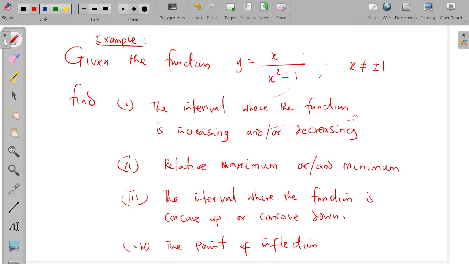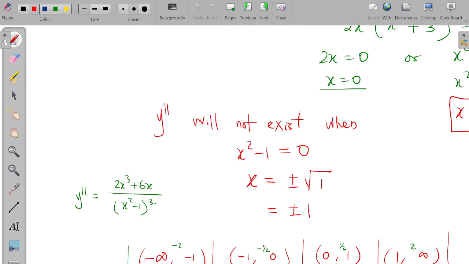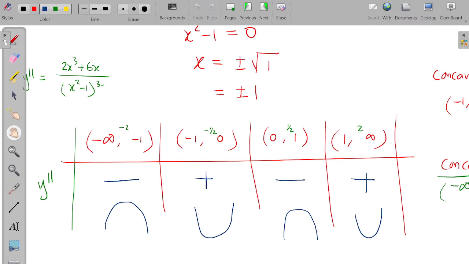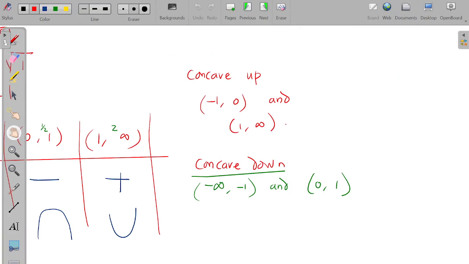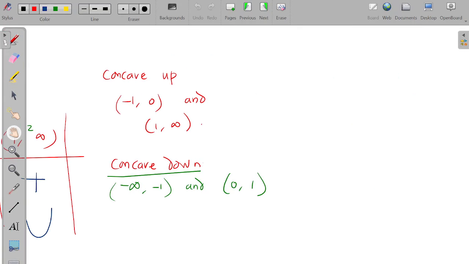So plus or minus 1 is not part of the domain of this function. Okay, so though concavity changes at negative 1, negative 1 is not a point of inflection. Again, at 1, though concavity changes there, 1 is not a point of inflection. But at 0, concavity changes, and 0 is also part of the domain. So we have our point of inflection there.